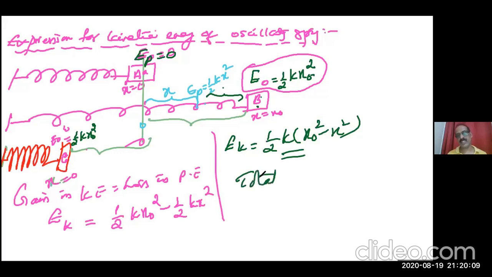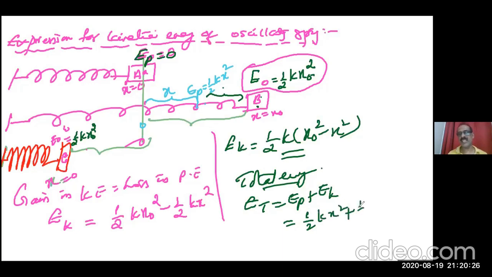Then total energy in the spring, Et is equal to Ep plus Ek, potential energy plus kinetic energy. Ep is half k x squared plus Ek is half k times x naught squared minus x squared.